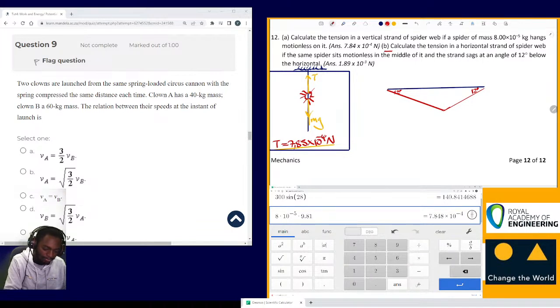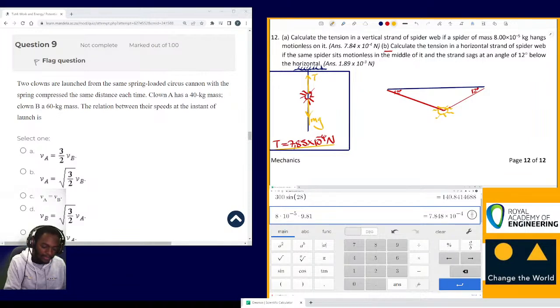You can put the vertical axis like that, which means our spider will now be here. This is our spider seated, causing that sagging of the strand.